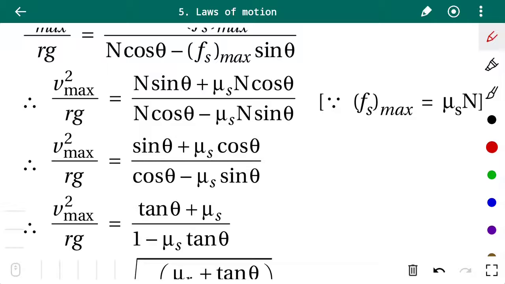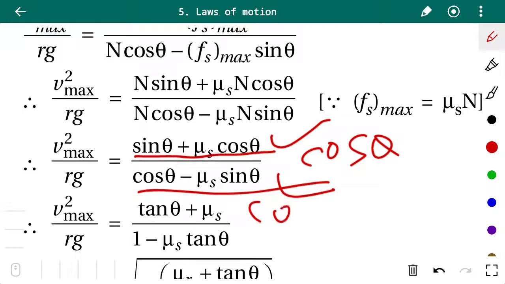Now dividing by cos theta in numerator as well as denominator, we get sin theta by cos theta for the first term, that will be tan theta, plus mu s cos theta upon cos theta, cos theta cancels, so we will have mu s. In the denominator, cos theta by cos theta becomes 1, minus mu s sin theta upon cos theta becomes mu s tan theta.